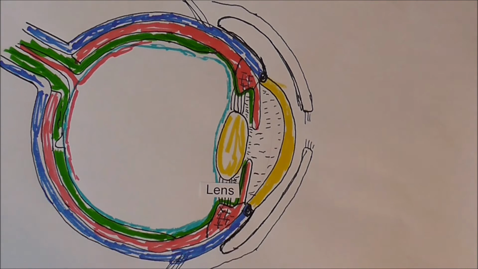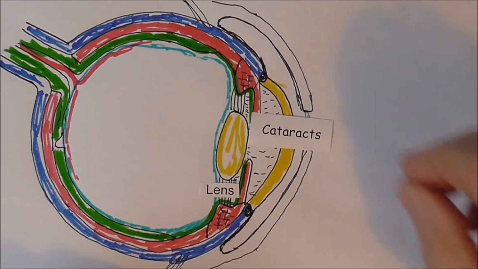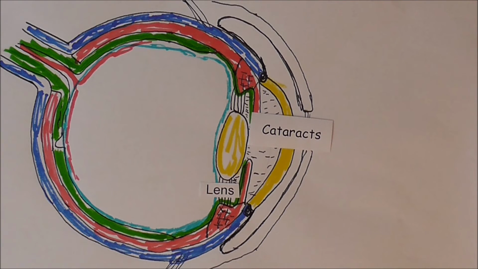But sometimes the lens becomes cloudy, and that's called cataracts. And as you get older, unfortunately, the lens becomes less elastic and it's harder to focus on close objects due to loss of elasticity of the lens.